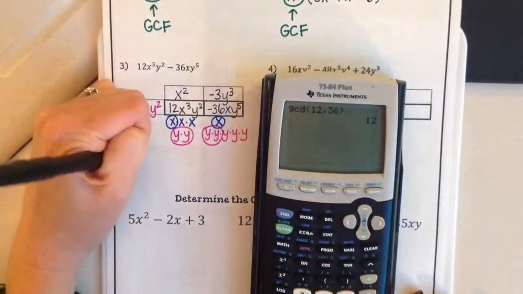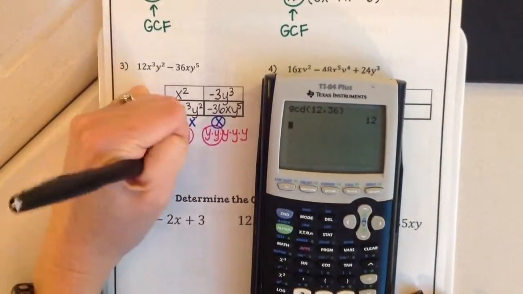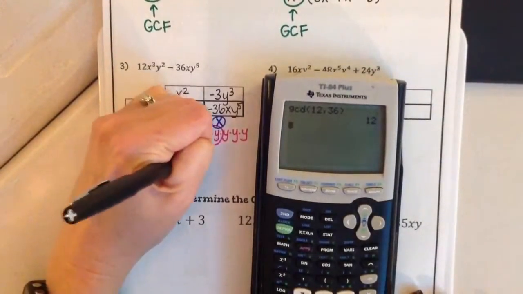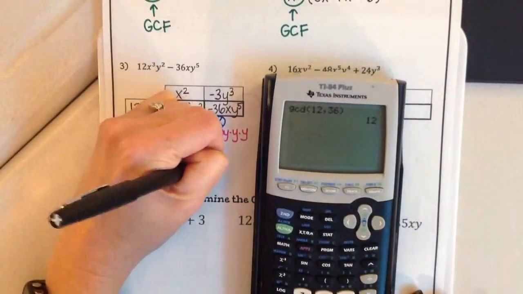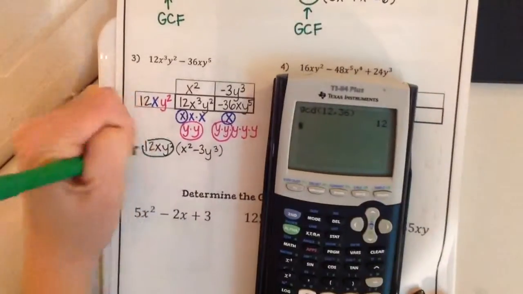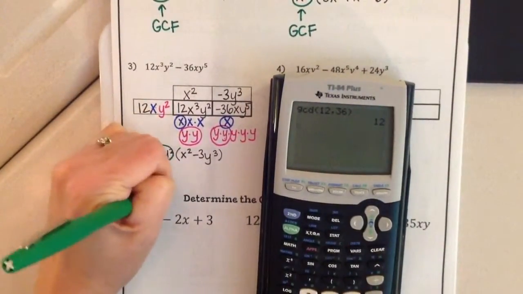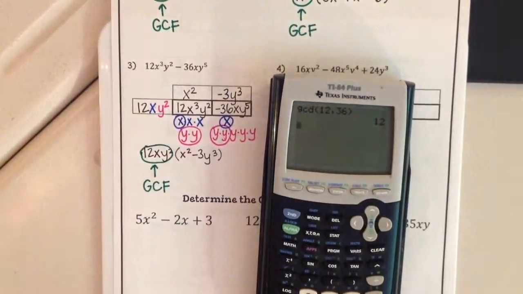So my factors are 12xy squared times x squared minus 3y to the third. And this guy right here, 12xy squared, he is the GCF. He is the greatest common factor out of each.